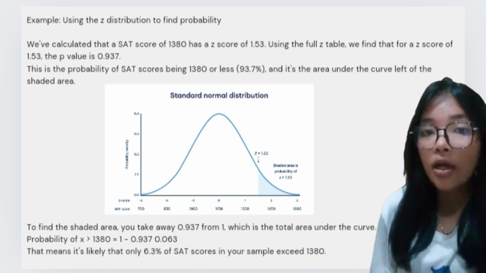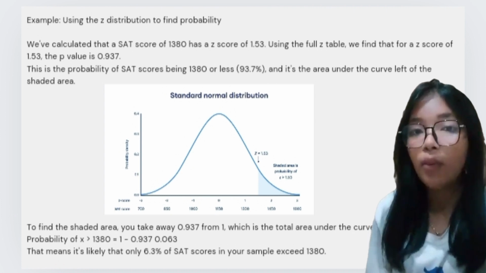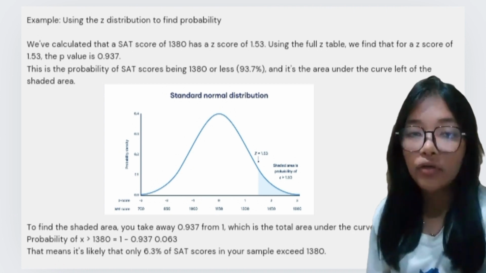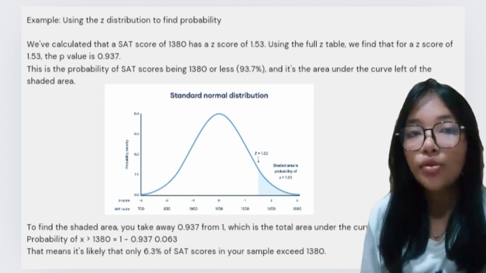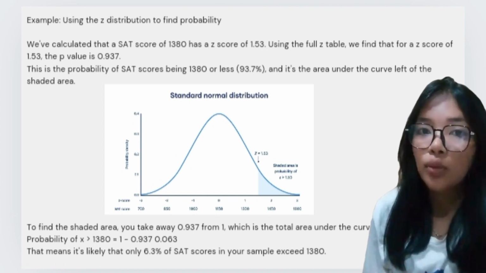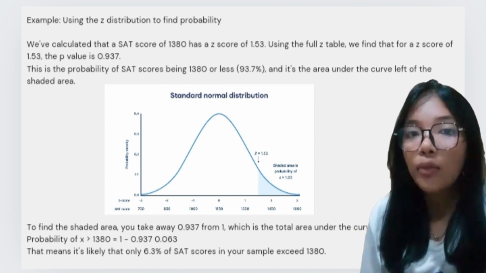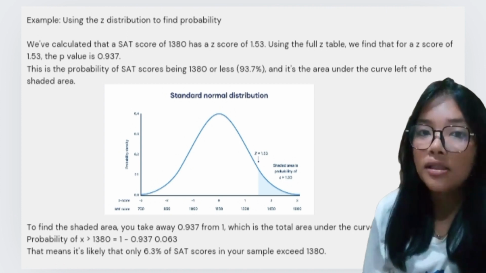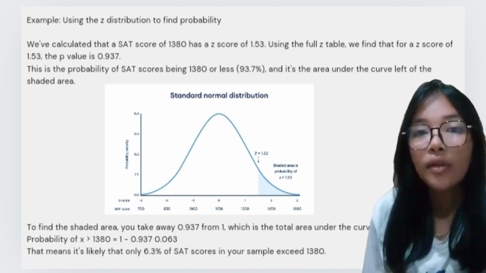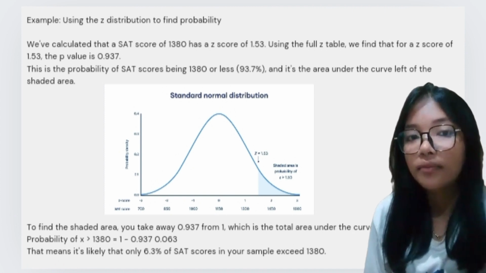To find the shaded area, you take away 0.937 from 1, which is the total area under the curve. Probability of x greater than 1380 is equal to 1 minus 0.937, which is 0.063. That means it's likely that only 6.3% of such scores in your sample exceed 1380.